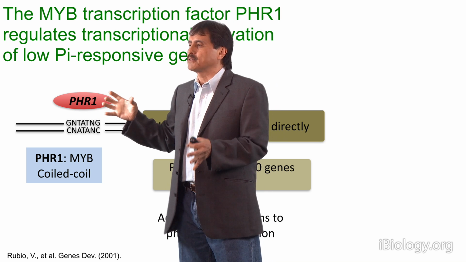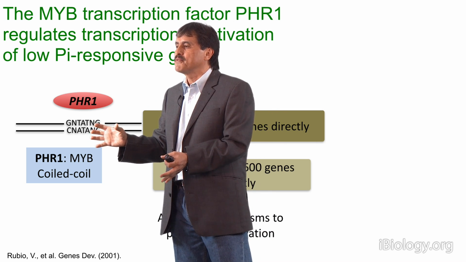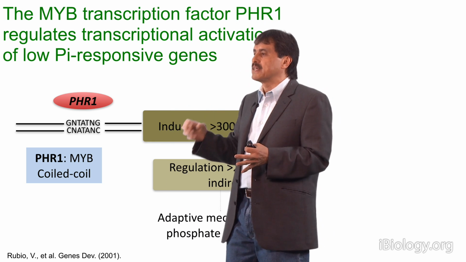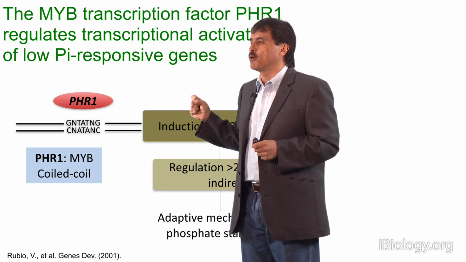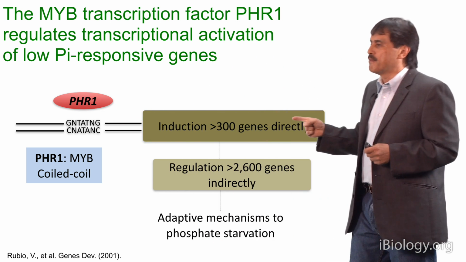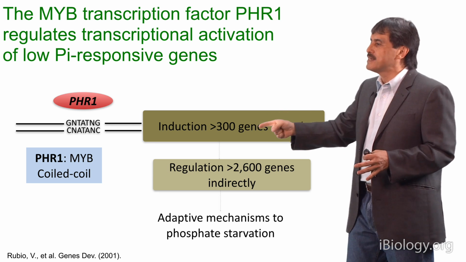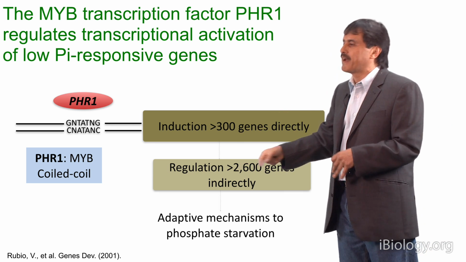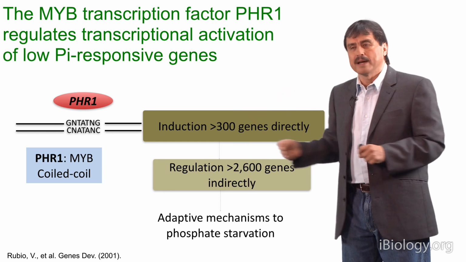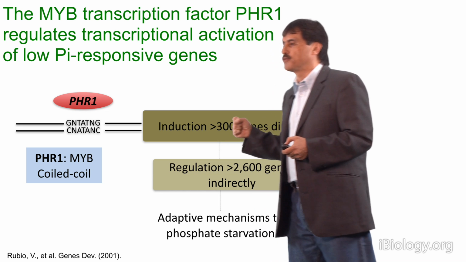This transcription factor is a protein that binds to the sequences that I showed you before that are required for the activation of these genes in response to low phosphate. PHR1 activates the expression of about 200 or 300 genes directly, and these genes indirectly activate thousands of genes that are required for the adaptation of the plant to low phosphate conditions.